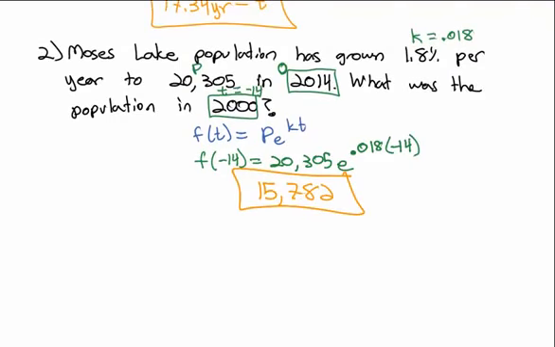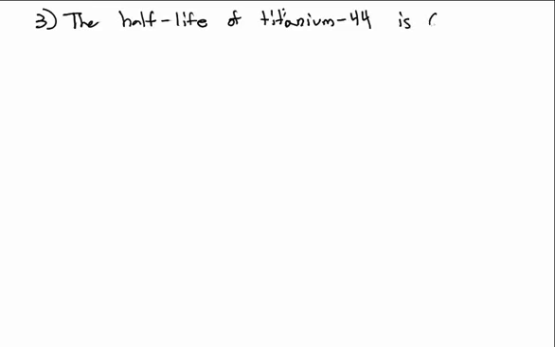Let's look at another application, one that gets used a lot for this exponential equation, Pe to the kt. And that is this concept of half-life. The half-life of titanium-44 is 63 years.